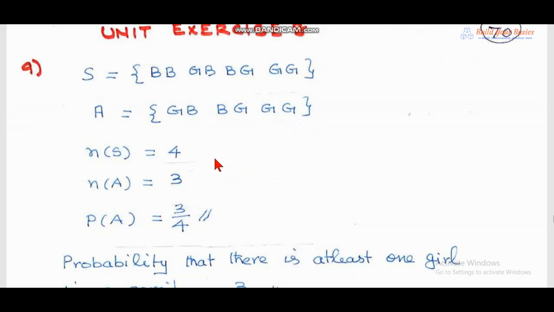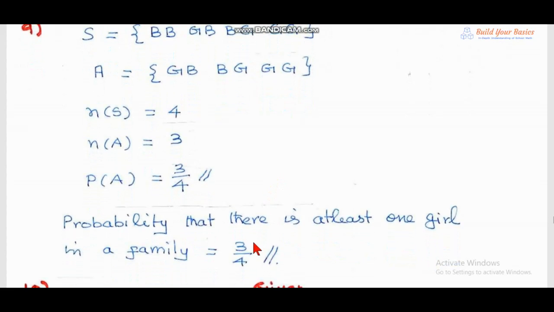Now the number of elements in the sample space S is 4. Number of elements in the event A is 3. So the probability of A is number of elements in A divided by number of elements in S, that is 3 by 4. So the probability that there is at least one girl in the family of 2 children is 3 by 4. That's all.